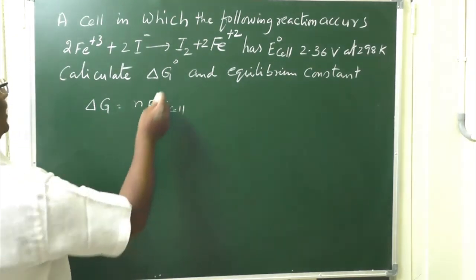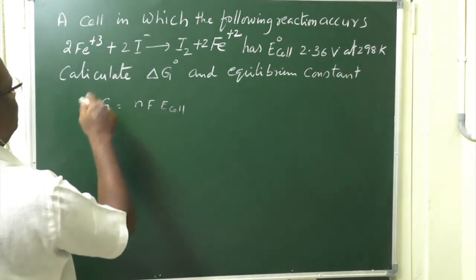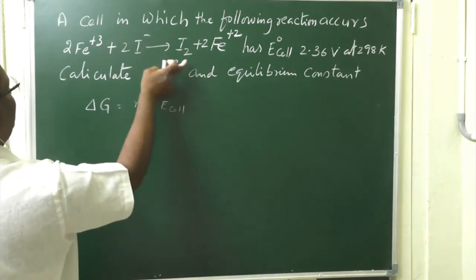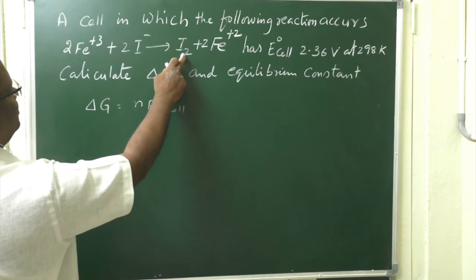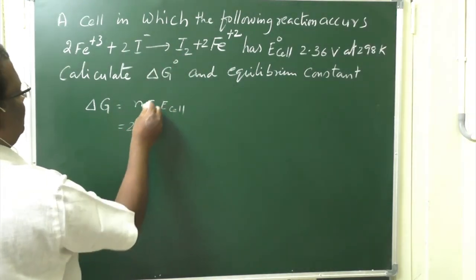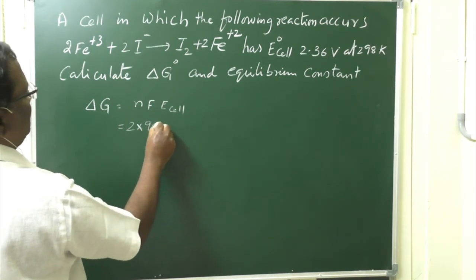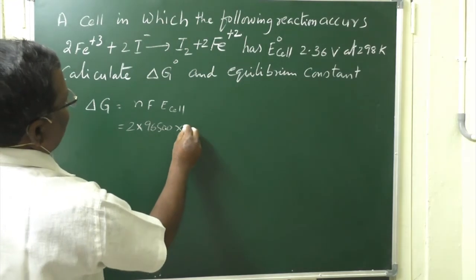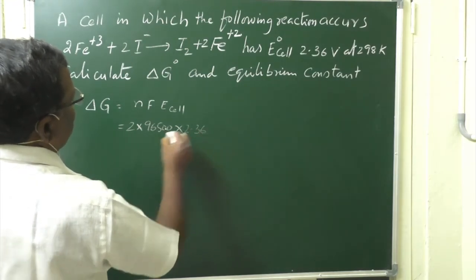Here the number of electrons involved is only 2, because Fe2+ to Fe3+, 2 ions are involved, and 2 I minus to I2, so only 2 electrons. n is equal to 2, and F is equal to 96,500 into E cell, which at 298 K is 2.36 volts.